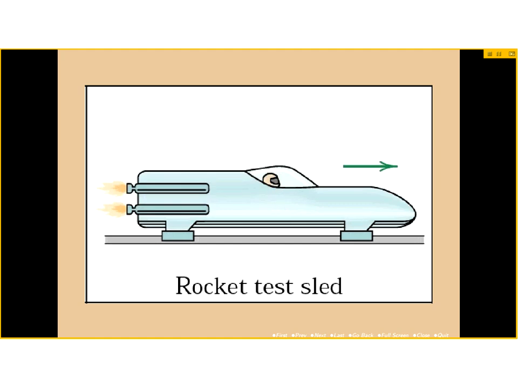Now, let's imagine that these 2 rails lie in a perfectly horizontal and flat plane. In that case, we can say that this rocket sled, test sled, is doing planar motion.